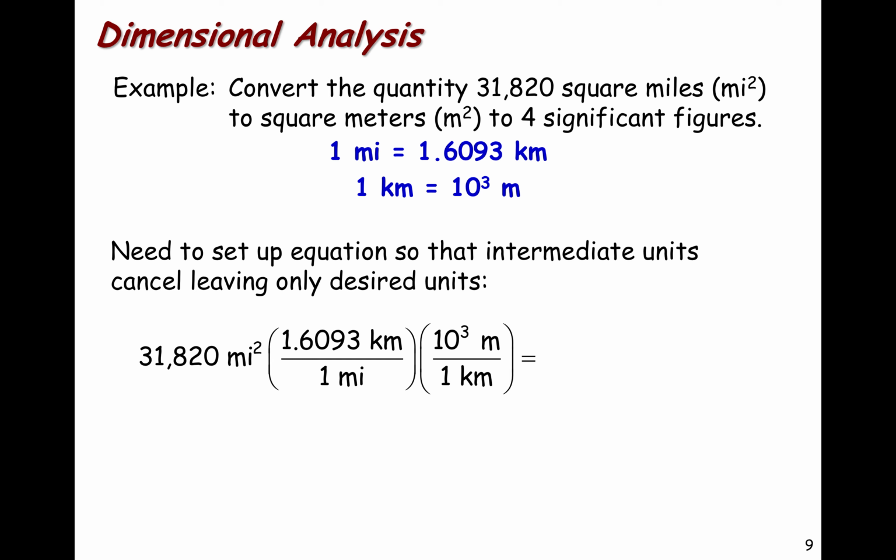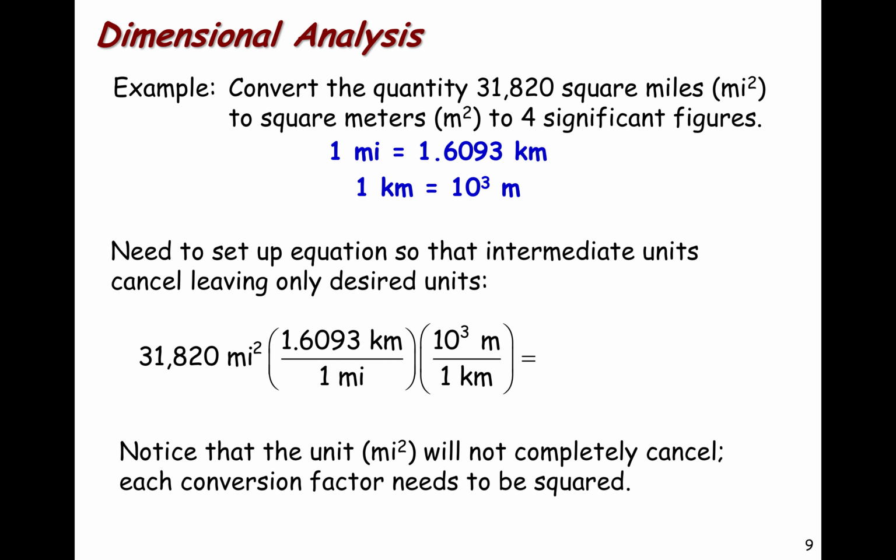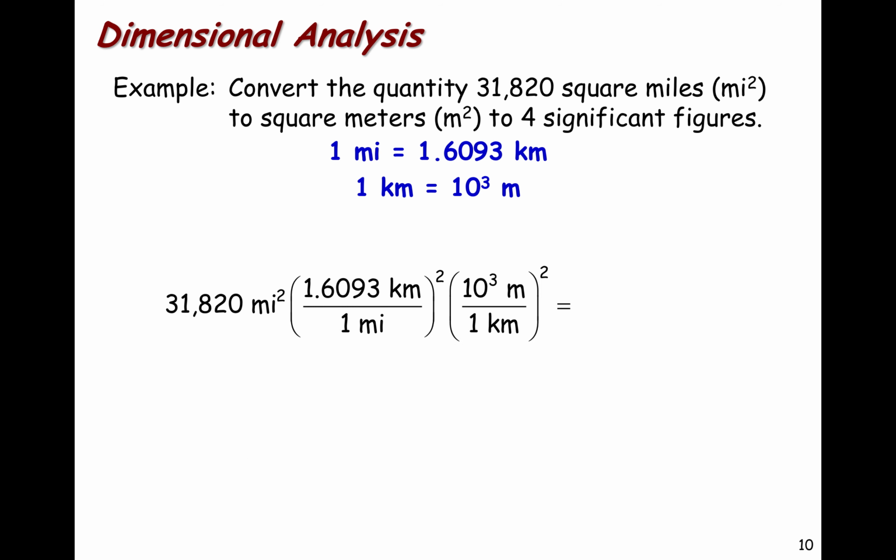We also know that there are 10 to the third meters for every 1 kilometer. Unfortunately, this is not the proper calculation because we haven't accounted for the fact that we have miles squared. So we need to deal with that issue.